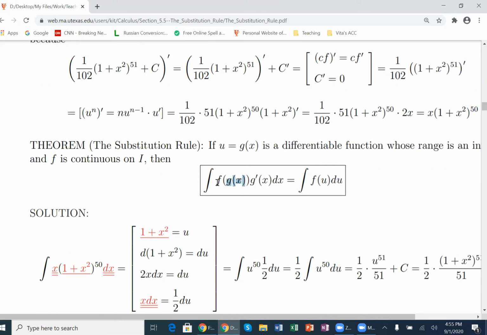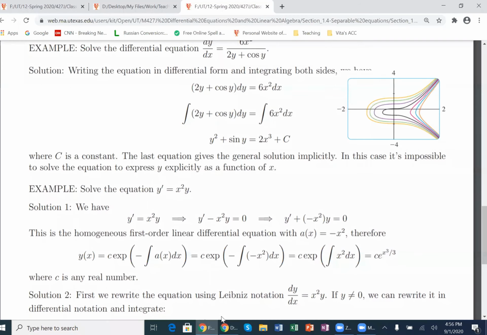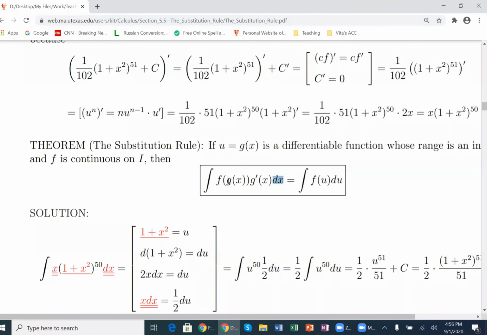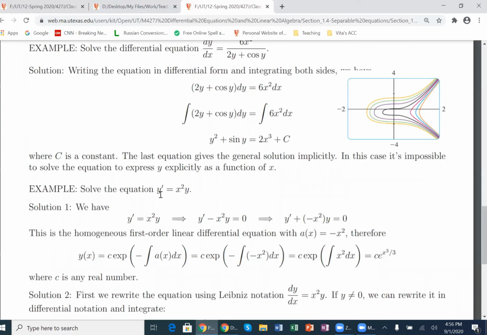So we'll get f of y times y prime dx, right? Now the question is, what is f in our case?